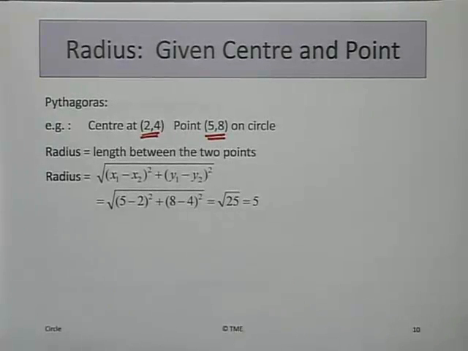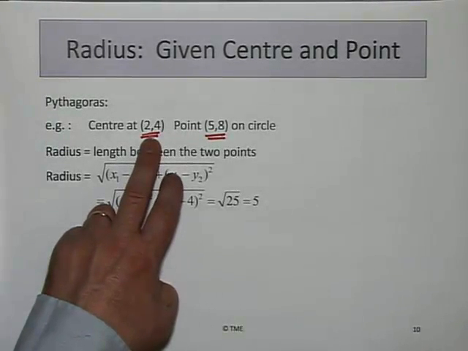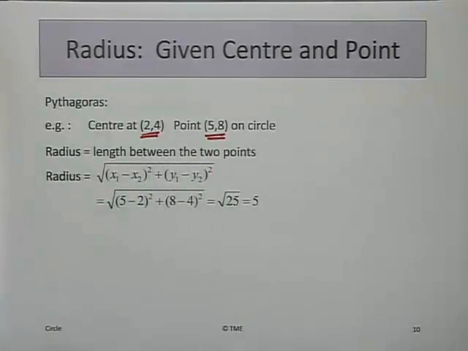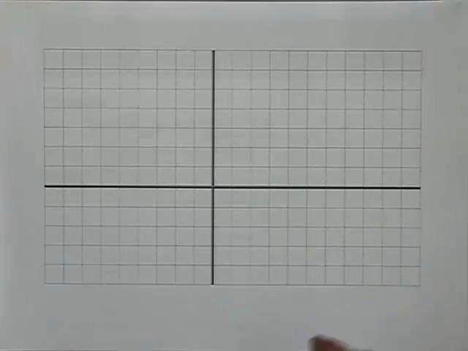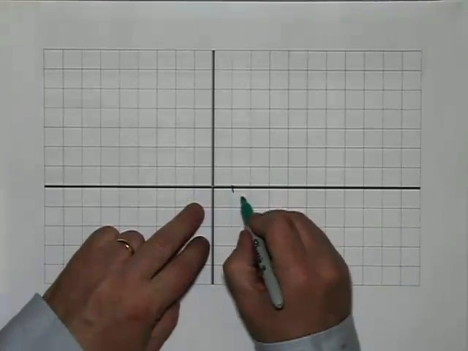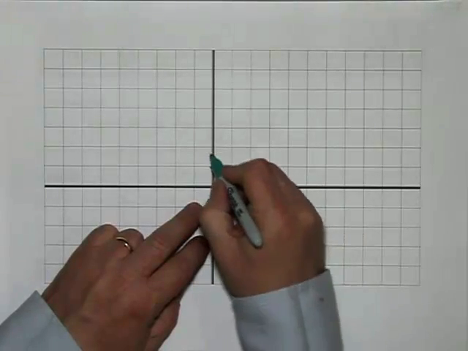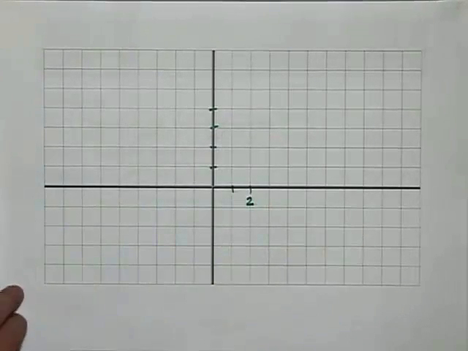So what they're saying is the center is at 2, 4 now. The point is 5, 8. So 2, 4 and 5, 8. So you go out to 2, 4 and you say 1, 2, 1, 2, 3, 4. We mightn't do it quite like that. We'll use the paper this way.